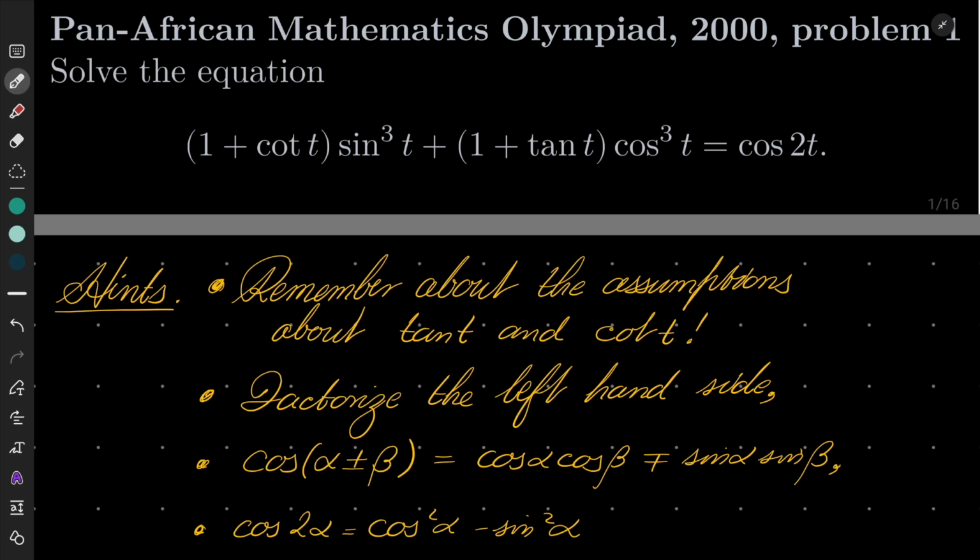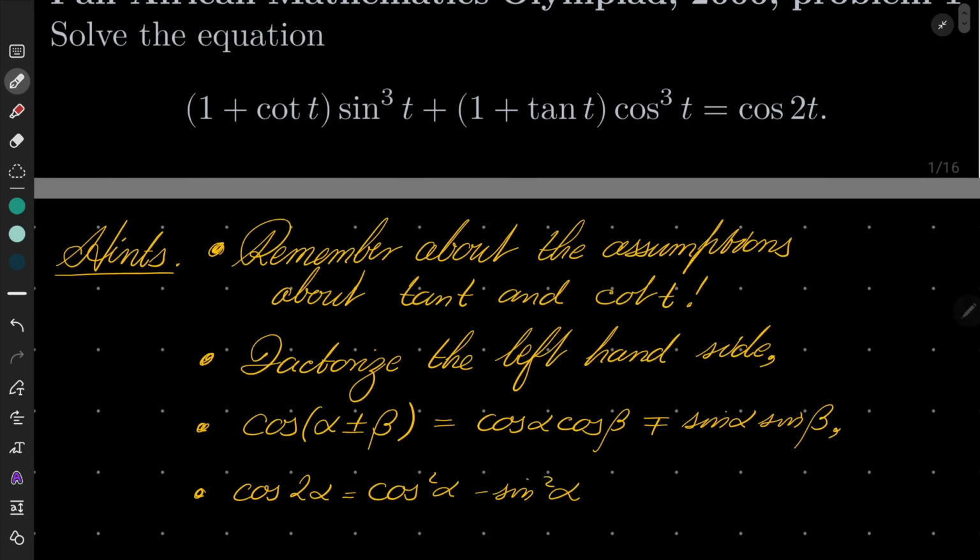So my hints for this problem: first of all, remember the assumptions about tangent and cotangent functions. They are undefined for some numbers. Then try to factorize the left-hand side of our equation. Also, this formula may be useful: cos(α ± β) = cos α cos β ∓ sin α sin β.